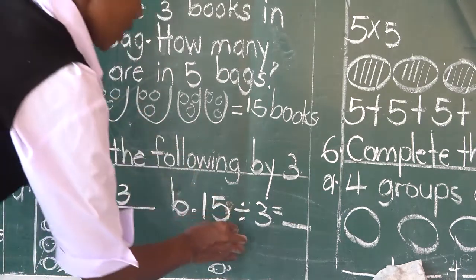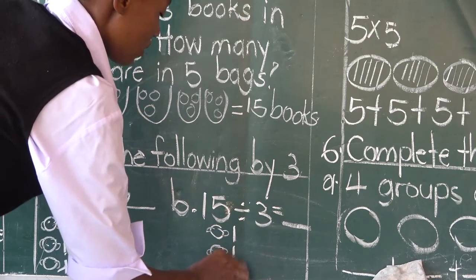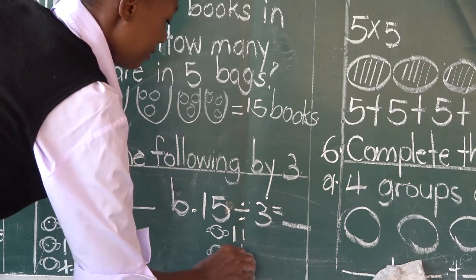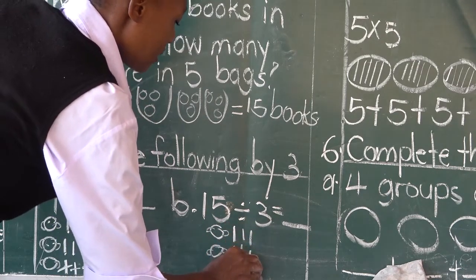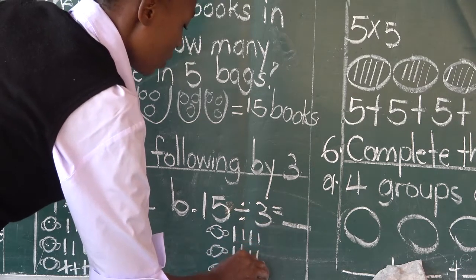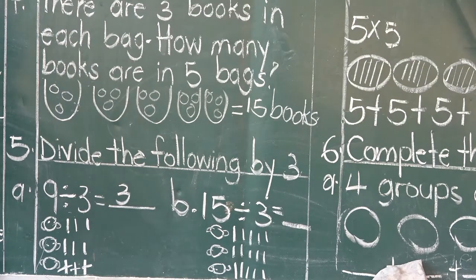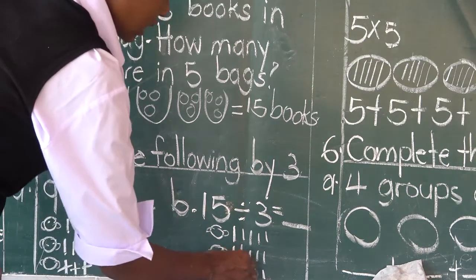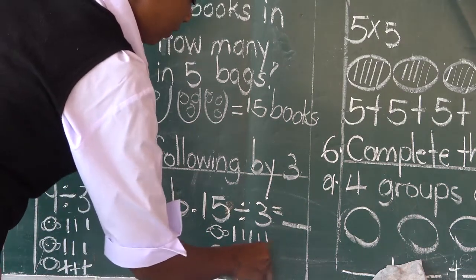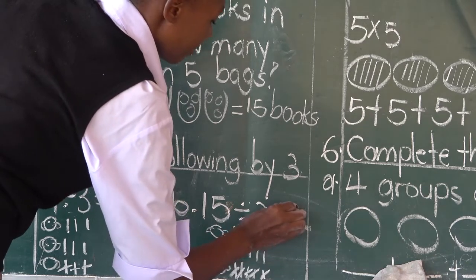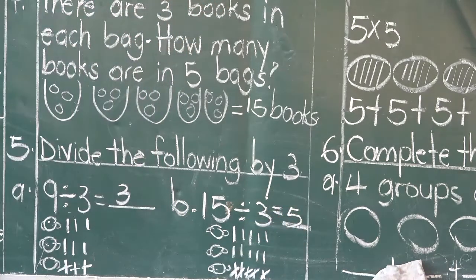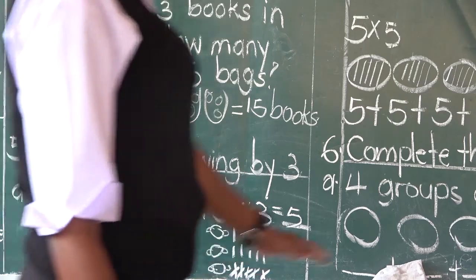Let's share. 1, 2, 3, 4, 5, 6, 7, 8, 9, 10, 11, 12, 13, 14, 15. After sharing the 15, now we are going to count sweets for 1 head, and that would be the answer. 1, 2, 3, 4, 5. Our answer there is 5.